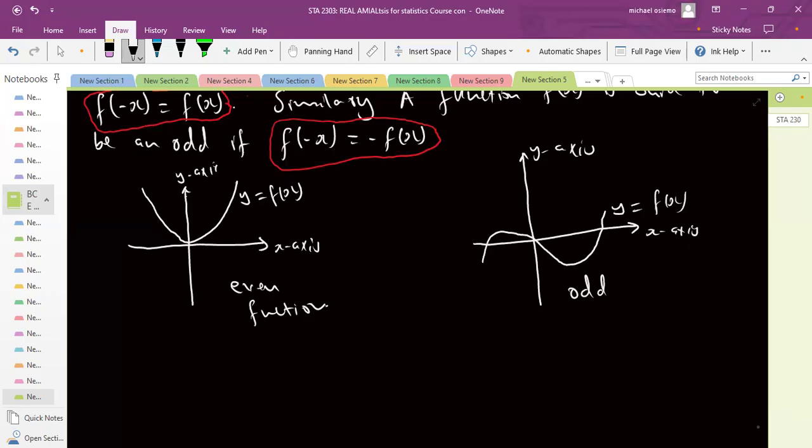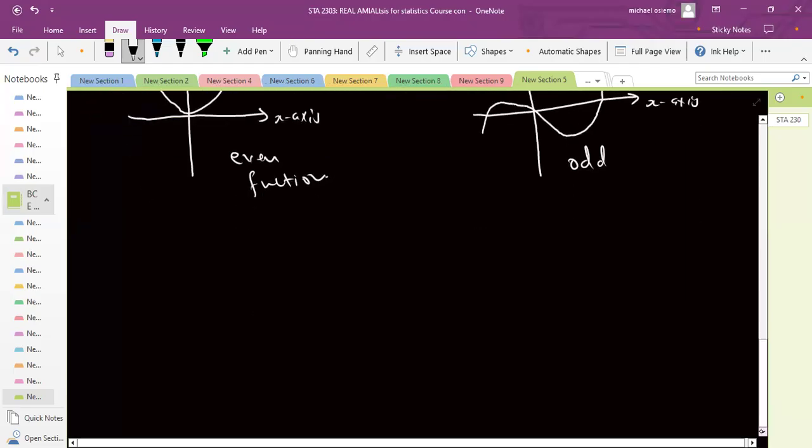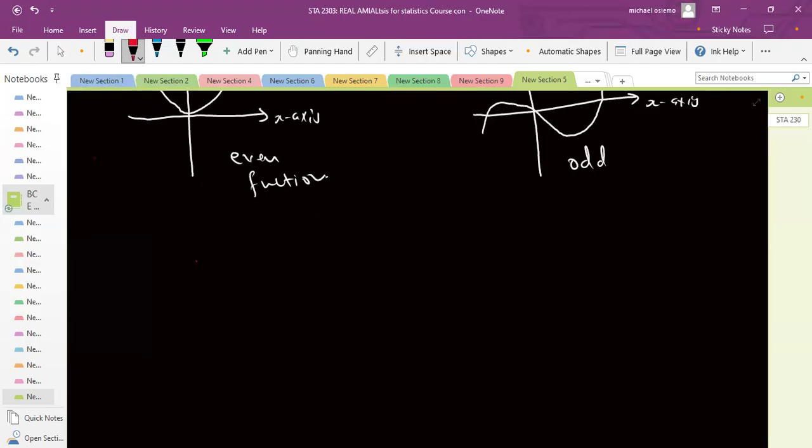So let us look at some of the points you may need to rewrite when it comes to even functions and odd functions. Here we have some points to note, or NB.